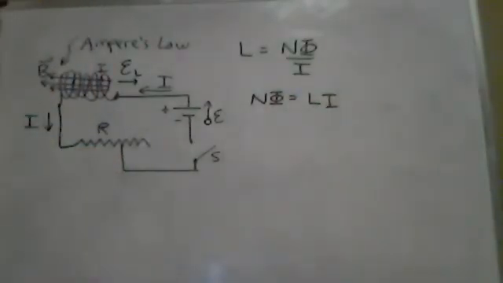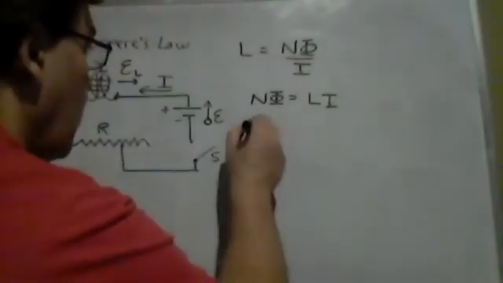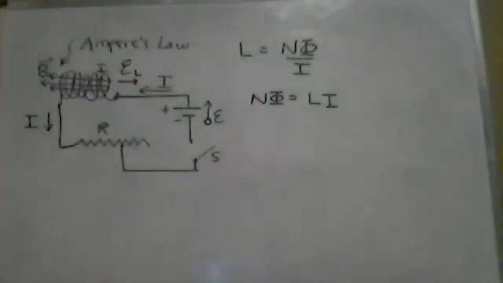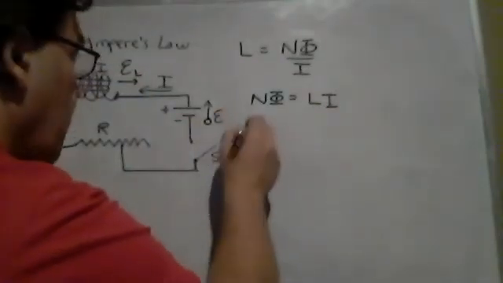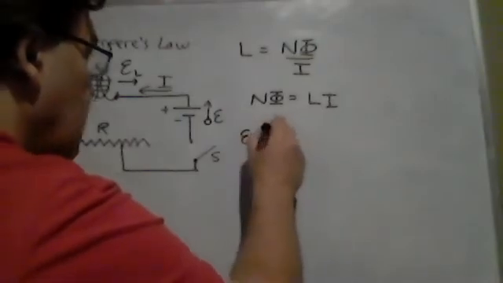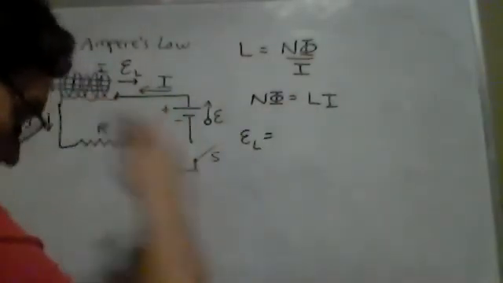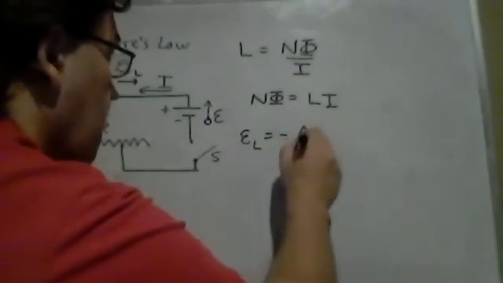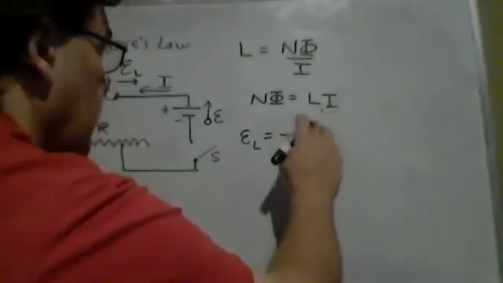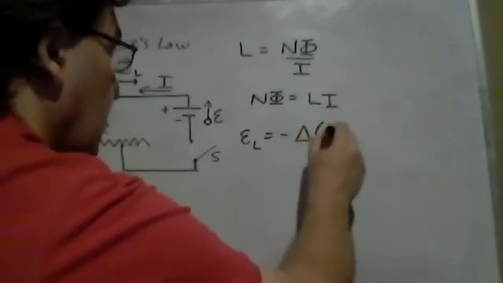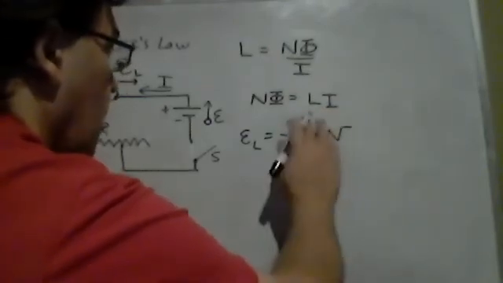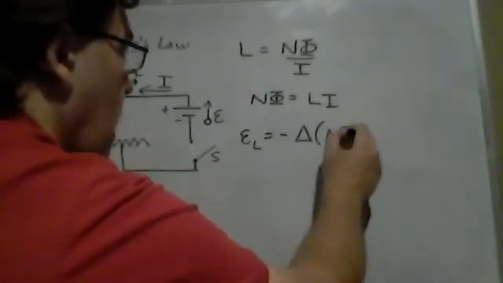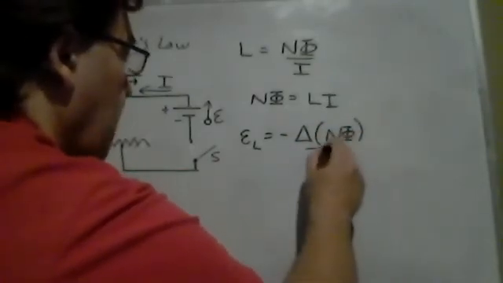And of course, I know that Faraday's law is expressed in terms of a time-varying magnetic flux. This self-induced EMF is caused by Faraday's law. So this EMF, we'll call it epsilon sub L, is due to Faraday's law, so it's going to be negative delta of N phi with respect to t.